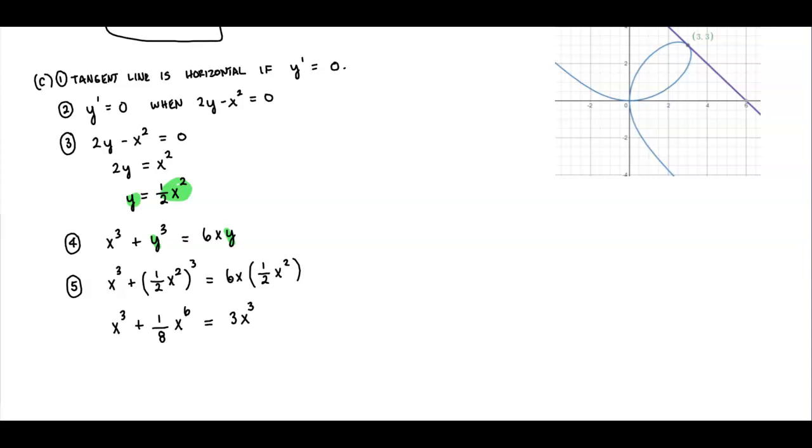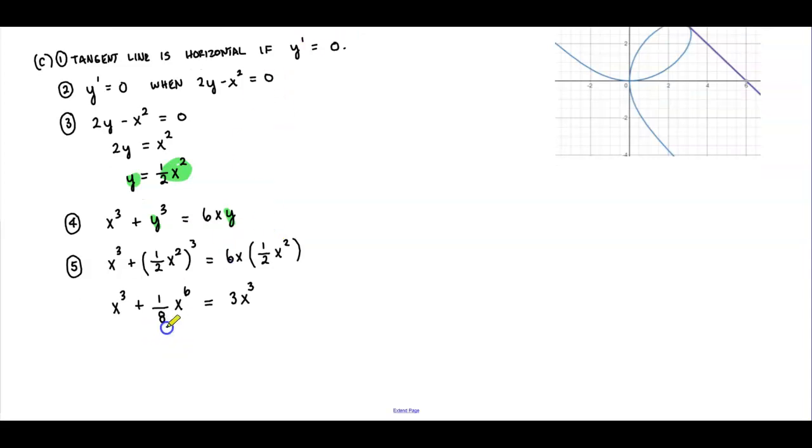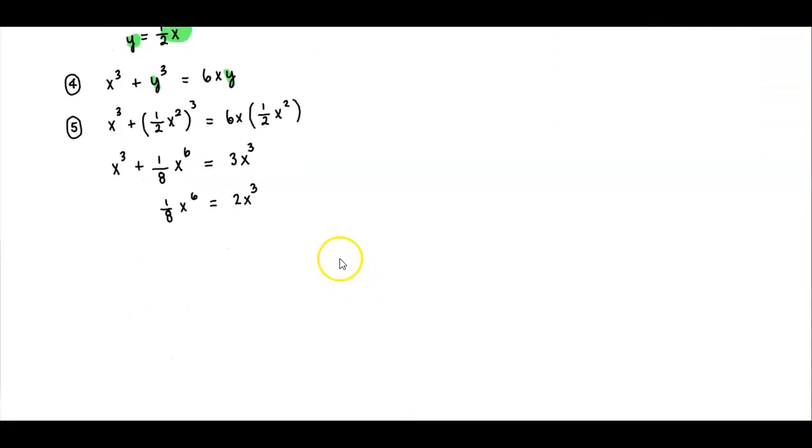Now let's subtract x cubed from both sides. We have 1/8 x to the 6th equal to 2x cubed. If we multiply both sides by 8, then x to the 6th is going to equal 16x cubed.